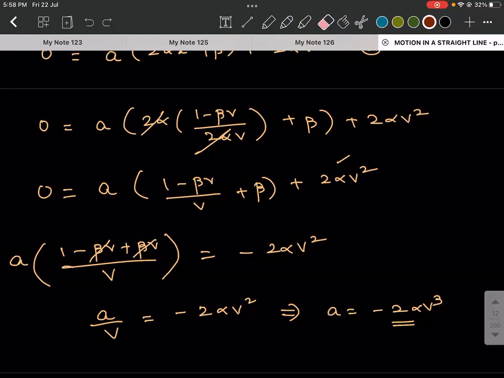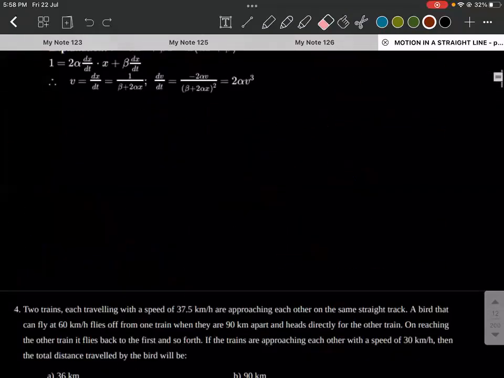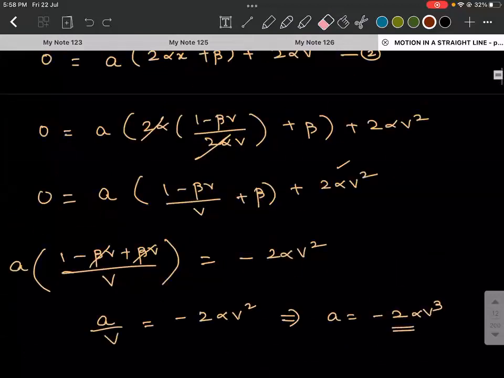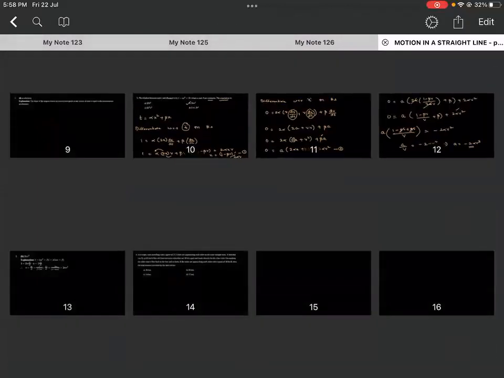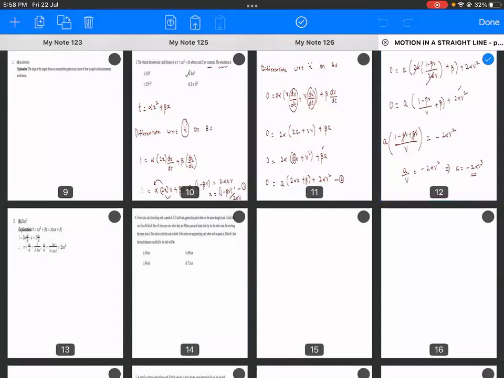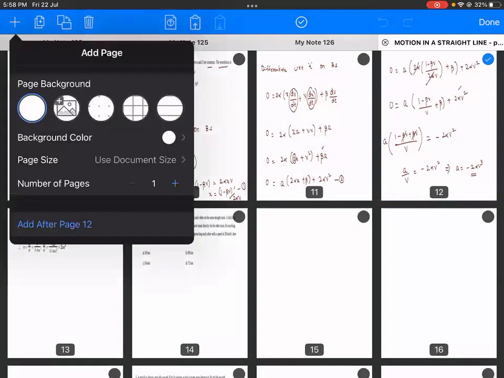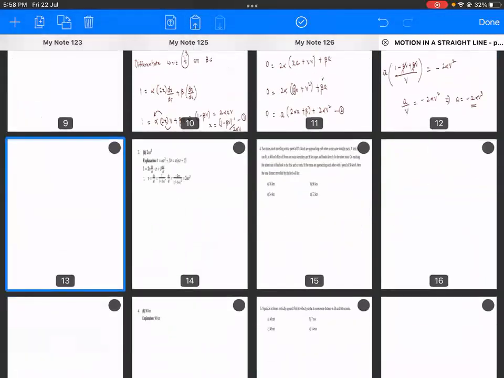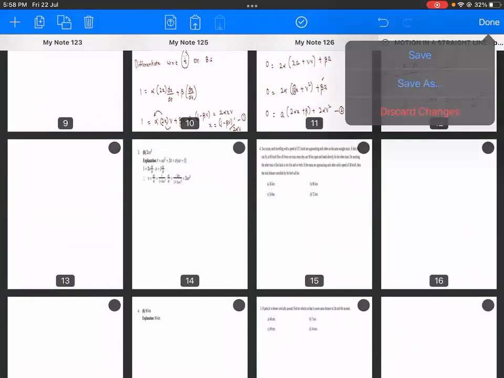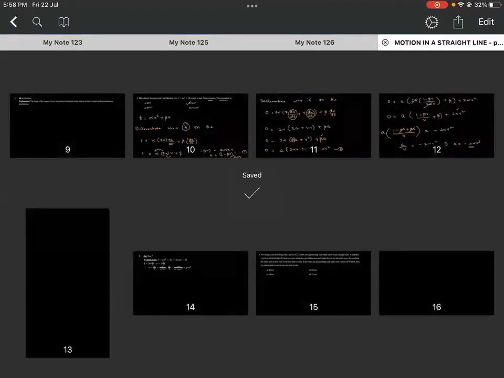Shall we see an alternate way to solve the same problem? So what is the equation?